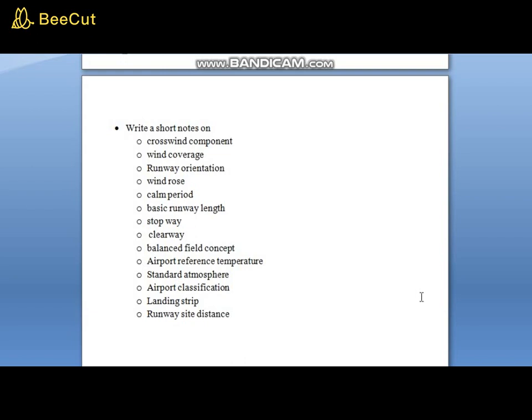It can be crosswind component, wind coverage, runway orientation, wind rose, calm period, basic runway length, stopway, clearway, balanced field concept, airport reference temperature, standard atmosphere, airport classification, landing strip, runway side distance.